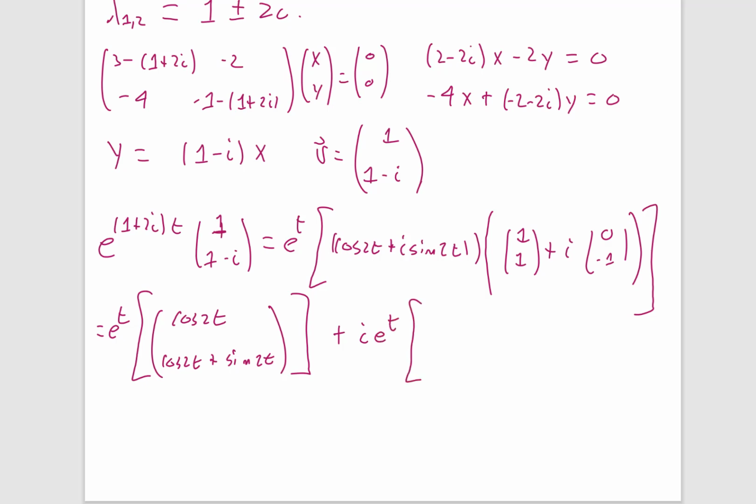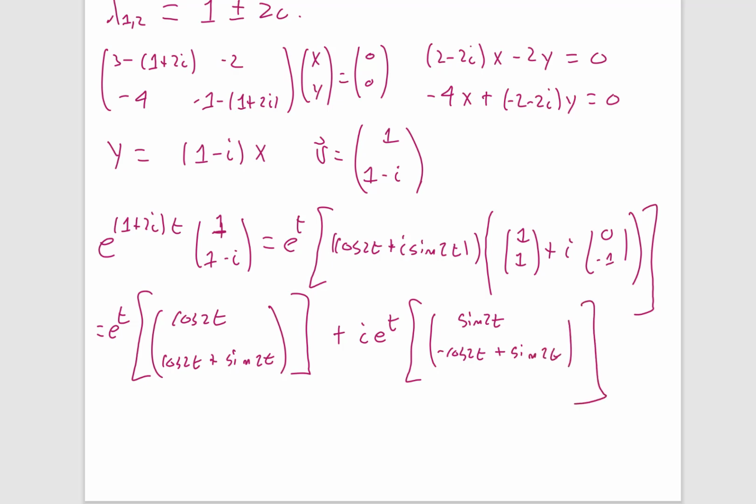How do we get an imaginary part? Well, we could do cosine of 2t times (0, -1), or i sine of 2t times (1, 1). So we'll get sine 2t and then minus cosine 2t plus sine of 2t.